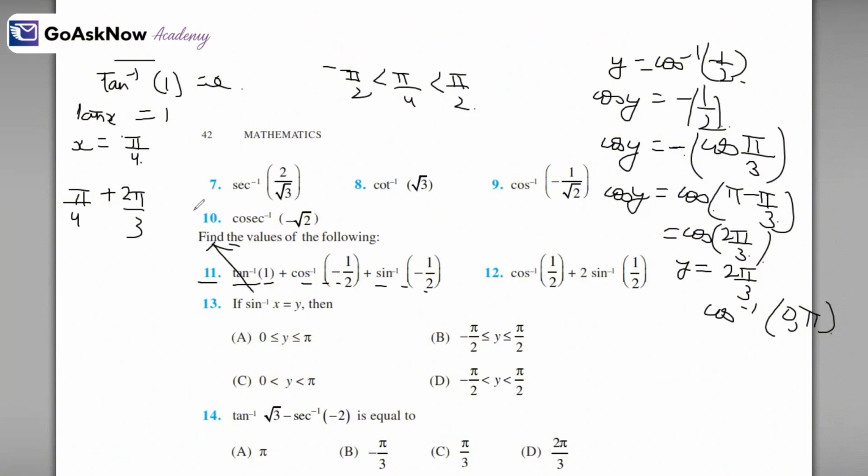Just a second. Two parts I have just solved. Now I have to see the value of sine inverse of minus 1 by 2. So let's say sine inverse minus 1 by 2 is z.